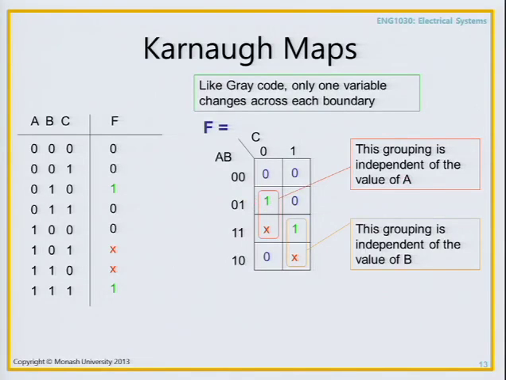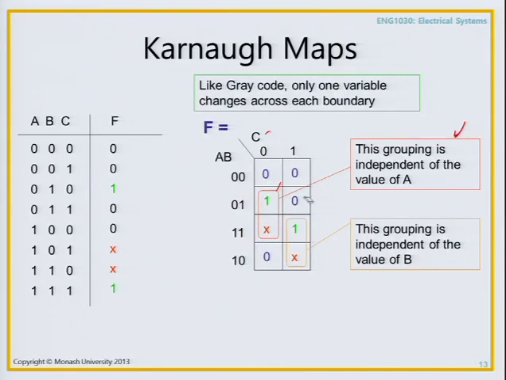I mean that for the two terms which are enclosed in this box, if we look at their inputs, they are both 1 for B and they're both 0 for C. So if I look at everything in this box here, and I look at the inputs which create the outputs in this box, they both have B equals 1 and C equals 0. So we say this grouping is independent of the value of A.